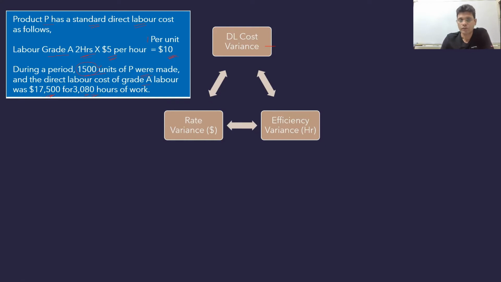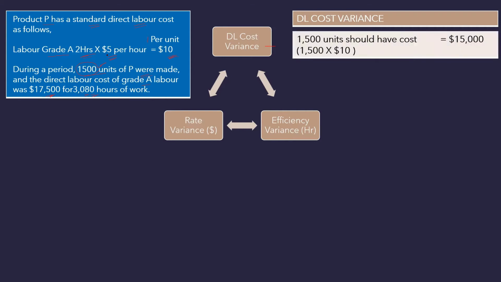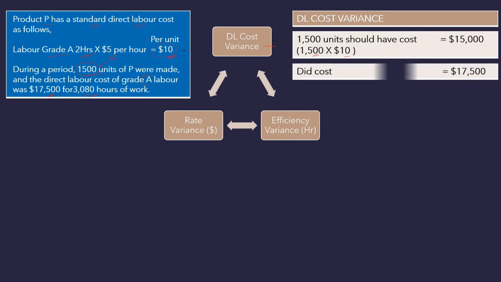So 1,500 units, and per unit cost is $10. How much did it actually cost? $17,500.